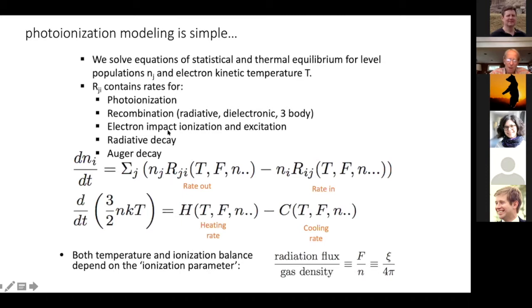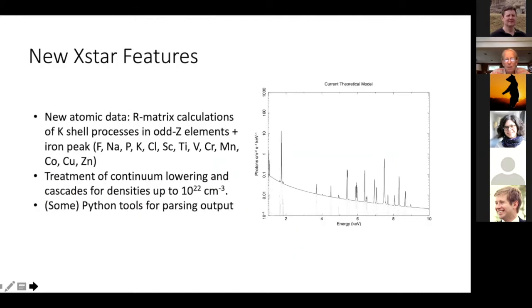And then also, obviously, one needs to include the effects of the photoionization and the photoexcitation from the source of radiation, which is responsible for ionizing and exciting the gas. And we also customarily assume equilibrium for the level population, so you neglect time dependence, and then you can calculate everything.